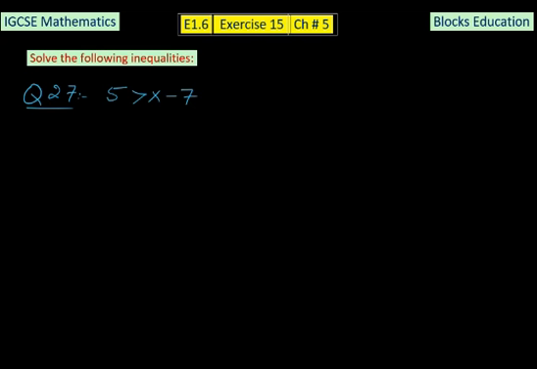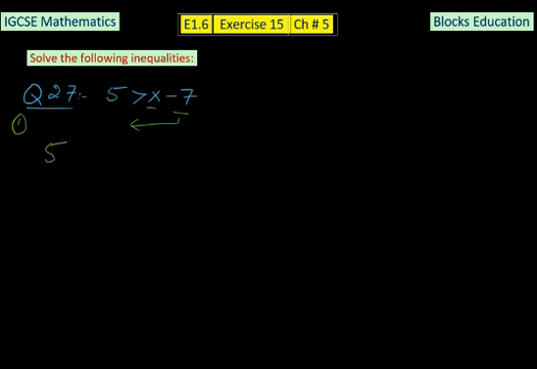In question 27, it says 5 greater than x minus 7. There are a few ways you can solve this inequality, but I recommend this method, method number 1: keep your x with the plus sign. If it is negative, move it to the other side, right or left, to make the x positive. Here x on the right side is already positive, so leave it there and move that minus 7 onto the left side.